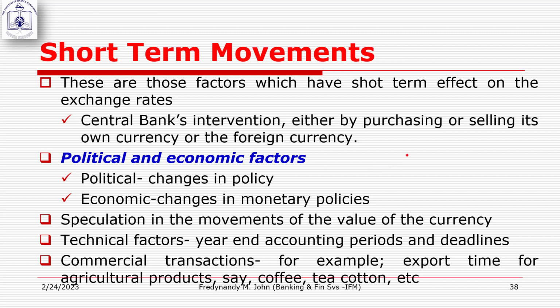Now, if your currency is in high demand, it means that the exchange rate will go up simply because the price of your currency will rise as well. All right? But all these are short-term factors. Why? Because once the harvest period is over, it means most likely the situation will be reversed.